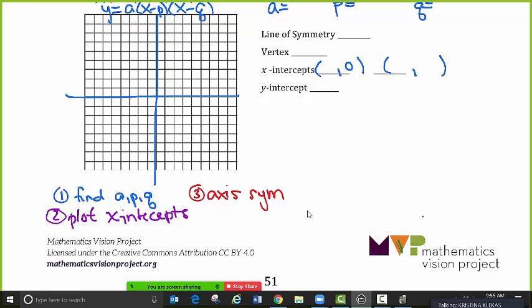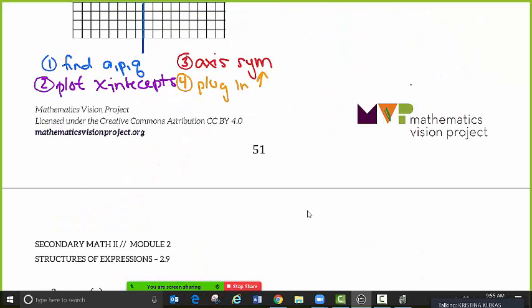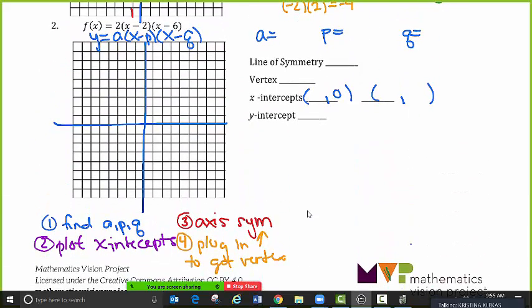Step number 4, plug in the axis of symmetry to get the other part of the vertex. And then step number 5, plug in x equals 0 to get the y-intercept. So see how many of these you can do? At least get to step 3 with this.